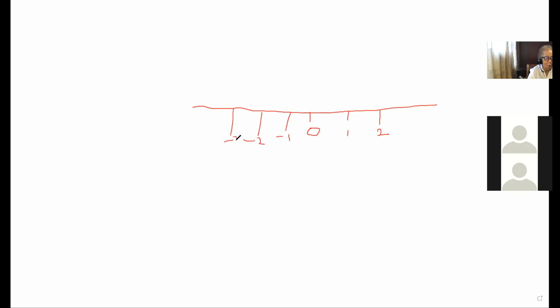Now, as we go from right to left, is it increasing or decreasing? Decreasing. That's what Vanessa just said, that -7 is less than -6. So that's decreasing. And if you go the opposite direction, it's increasing.